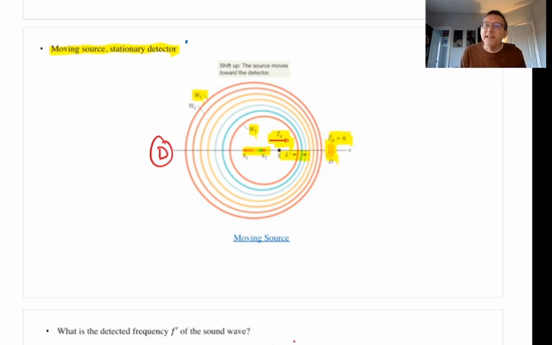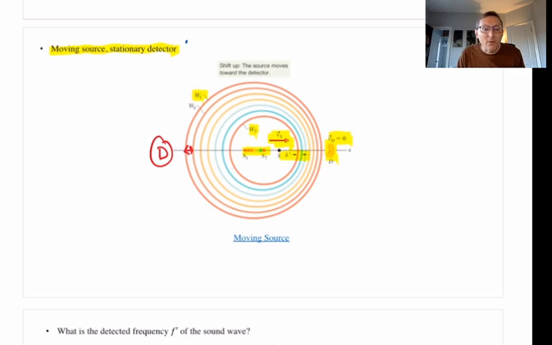Versus if I were looking at that detector over on the left, where the wavefronts are spread out, then the wavelength, which would be a distance like this, is going to be larger than normal. Okay, so the lambda prime is changed by the motion of the source. And that's what I want to show you now on the animation. It's that changing of the wavelength, by the way, that's going to then also give you a change in detected frequency, because frequency and wavelength are related. f equals v over lambda.